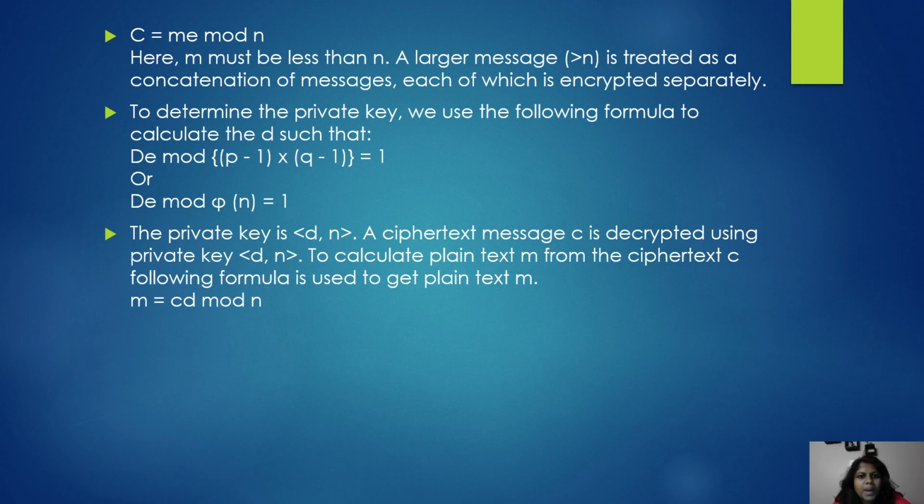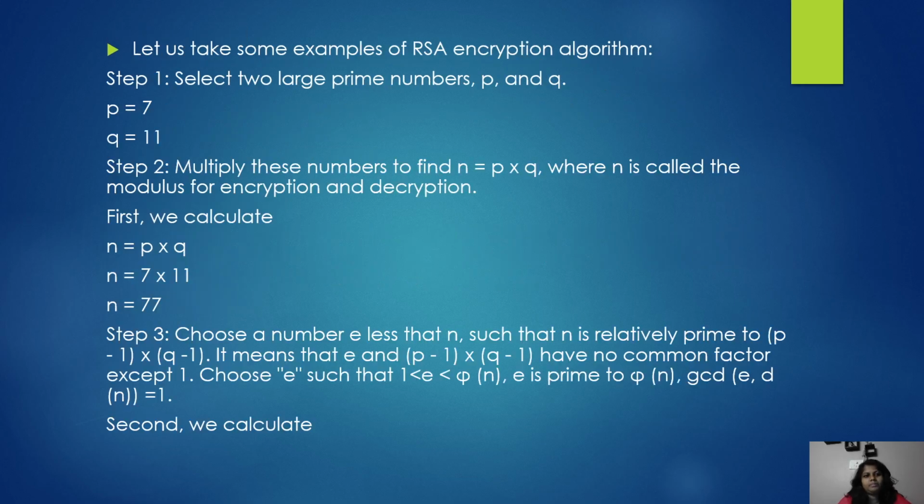To determine the private key, we use the following formula to calculate d, such that d times E mod (P minus 1) into (Q minus 1) is equal to 1, or d times E mod phi of n is equal to 1. The private key is d comma n. A cipher message C is decrypted using the private key d comma n. To calculate plain text M from the ciphertext C, the following formula is used: M is equal to C^d mod n.